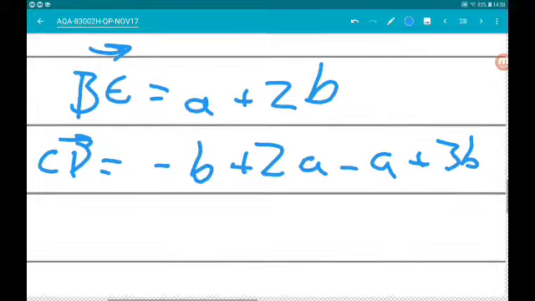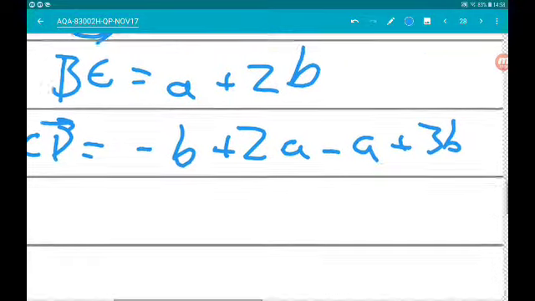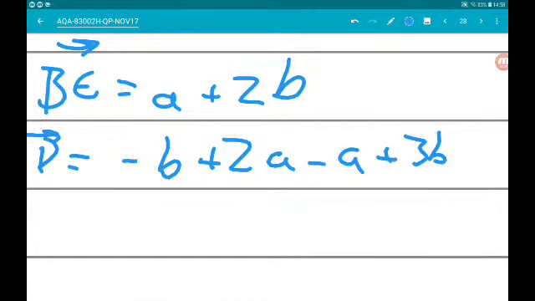Okay, now that's going to give us 2A minus A, so that's A. And we've got minus B add 3B, which is plus 2B.